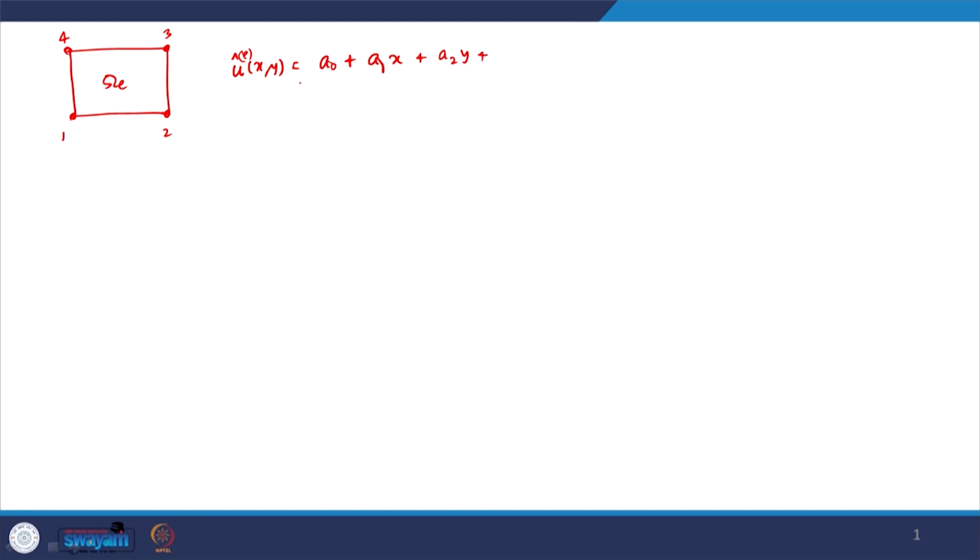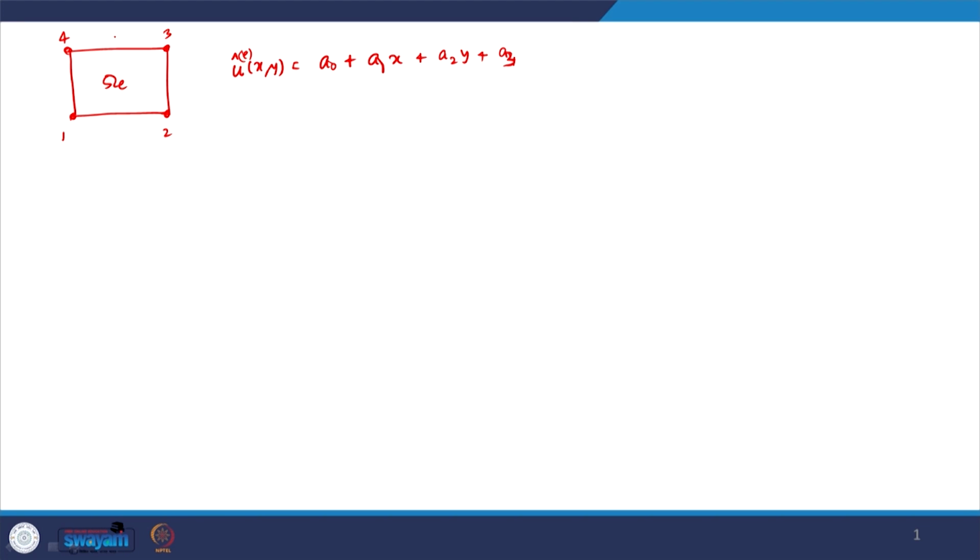These complete the three terms, but the number of coefficients, A0, A1, A2 and A3, needs to be 4, because there are 4 nodes.